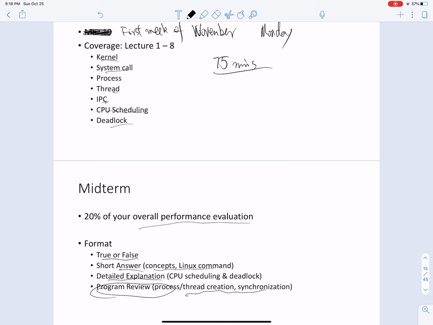Either you create a Word file which describes the answers for each question, or you write down your answers on a piece of paper, but you need to write them in a clear format, take a picture of it, and upload it to Canvas by the end of the midterm, which means within 75 minutes.